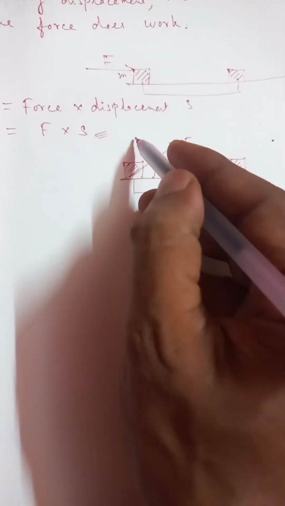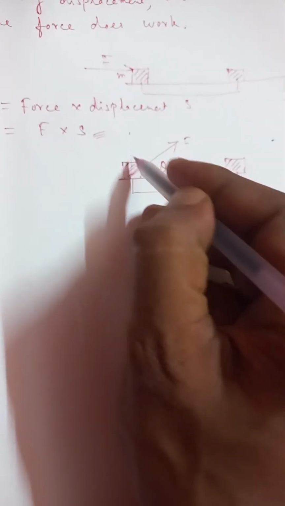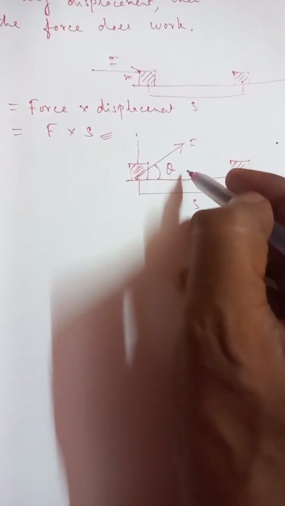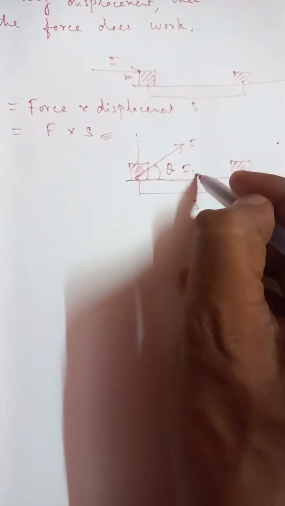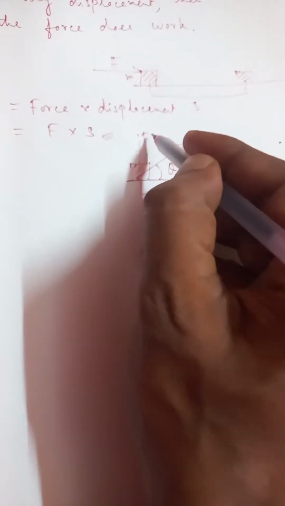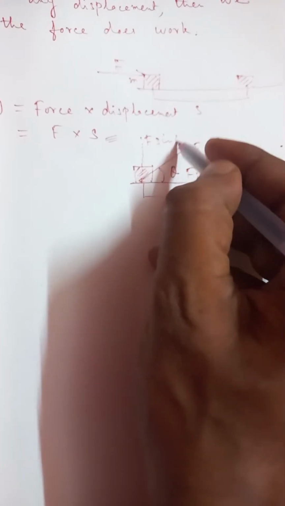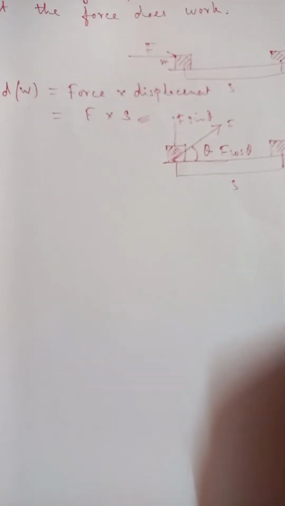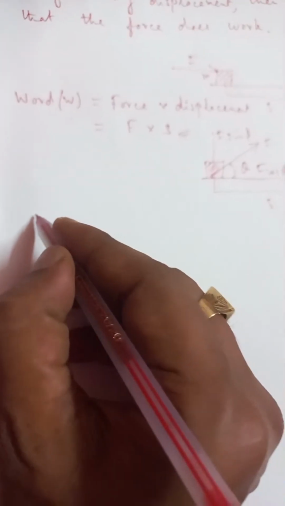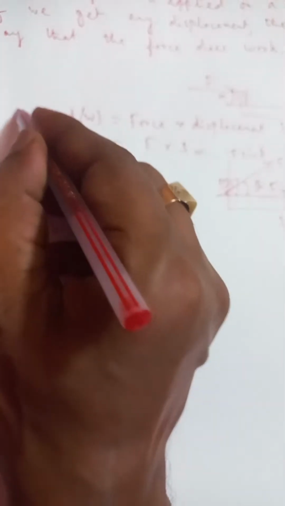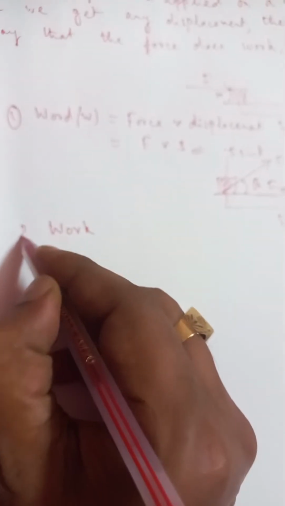So here are two components, a vertical component and a horizontal component. We take the horizontal component, which is along the displacement, F cos theta, and F sin theta we will not take. Then we get the numerical form of the work. This is the second case; the first case was before.